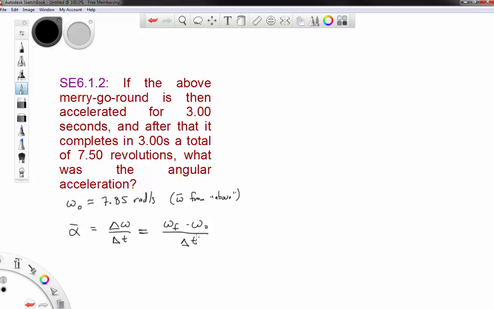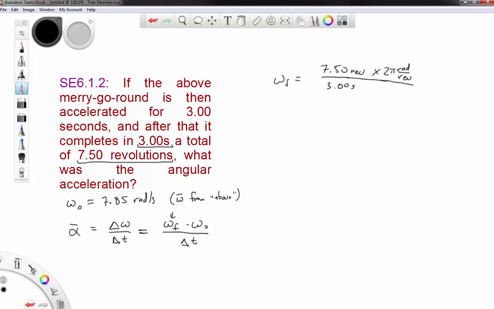At this point, what we need to find is the final angular speed. To do that, we use the fact that it completed 7.50 revolutions in 3.00 seconds. So this is revolutions per second, and since this needs to be in radians, we've got to multiply by our 2 pi radians per revolution.